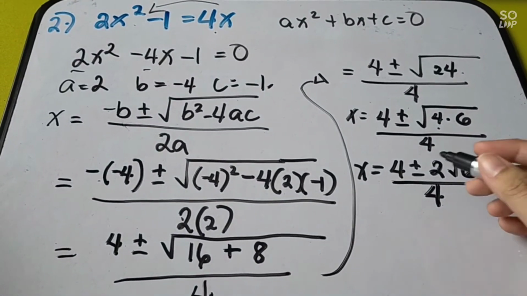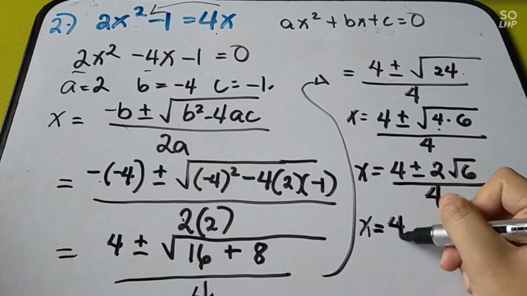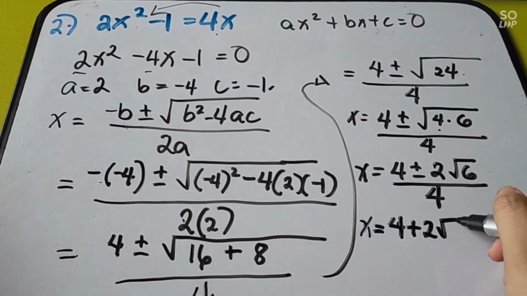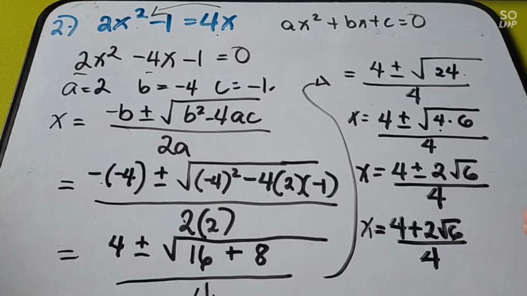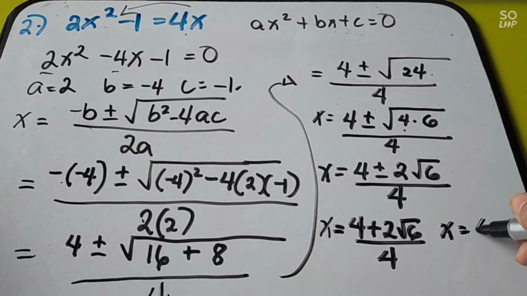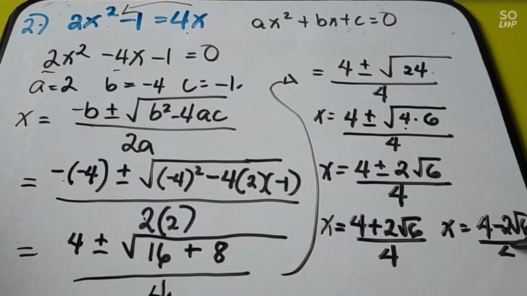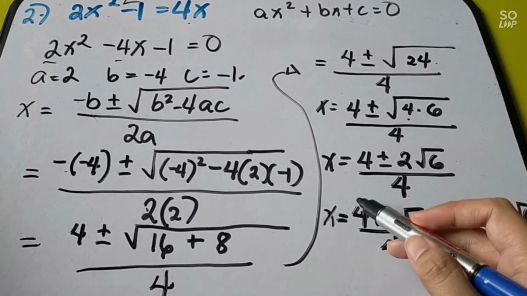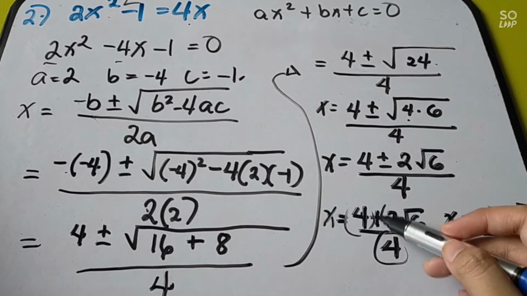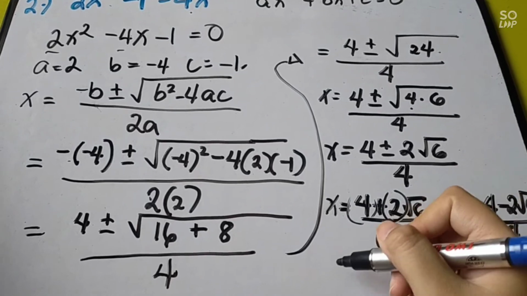Then, afterwards, ihiwalay na natin. So, x is equal to 4, yung isa ay positive 2 square root of 6 over 4. Yung isa naman ay x is equal to 4 minus 2 square root of 6 all over 4. As you can see, itong mga number na yan ay divisible by 2. So, pwede natin siyang isimplify.